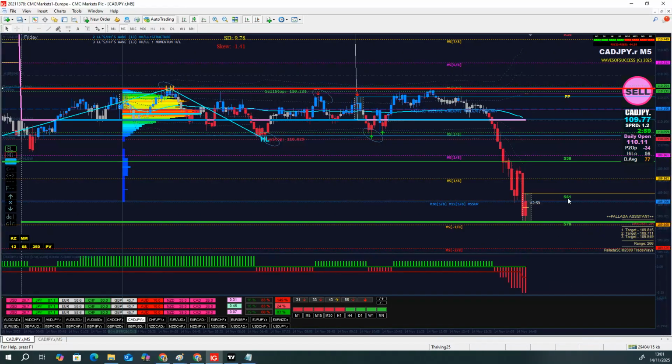This is S78, S61. It's a good area. So the next area is just below here. If price gets to that T3, we're going to have a break below.